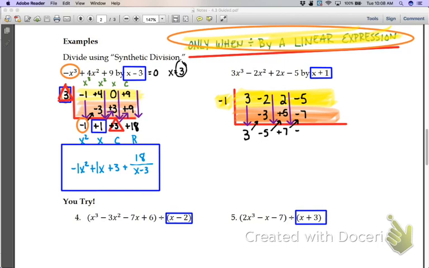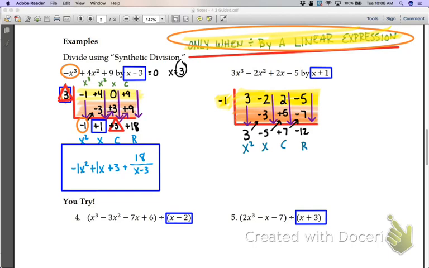So, straight down, negative 12. Always start from the right side with my remainder, my constant, my x, and my x squared.